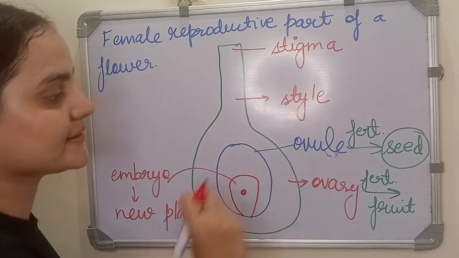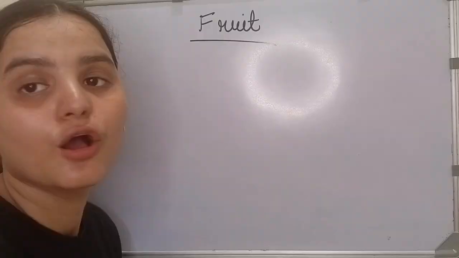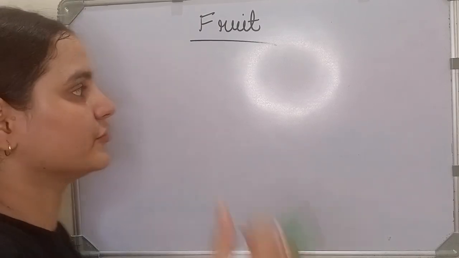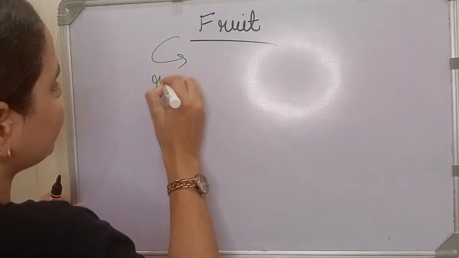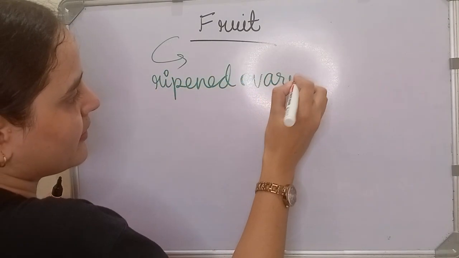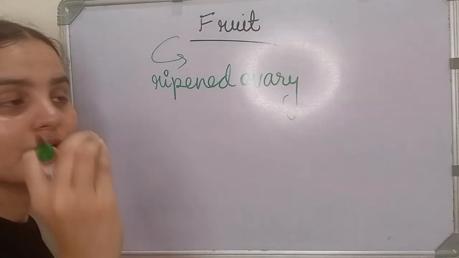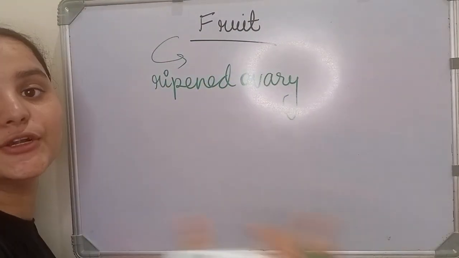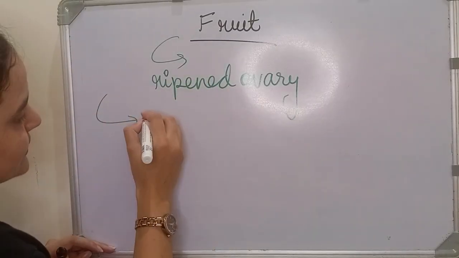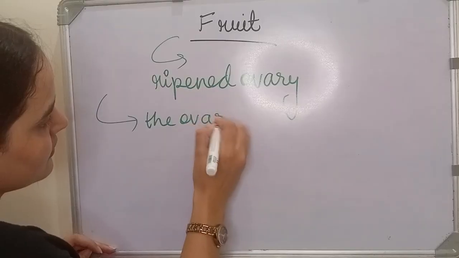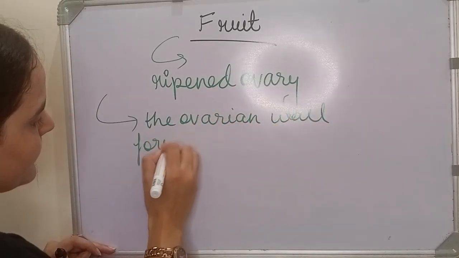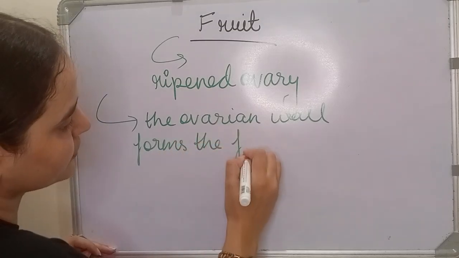So now let's understand what are seed and fruit. So what is a fruit? Fruit is a ripened ovary. Means after fertilization the ovary develops into fruit. The ovarian wall forms the fruit wall.